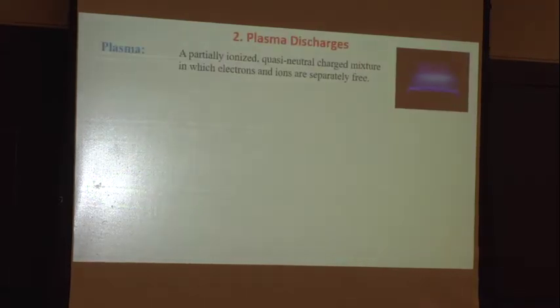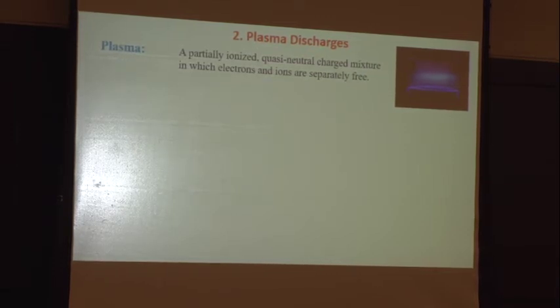So, let's start this class. We're talking about what is plasma. Most of you probably know it very well, but some of you may not. So plasma is a form of matter, right? It's basically a mixture of neutral molecules, ions and electrons.